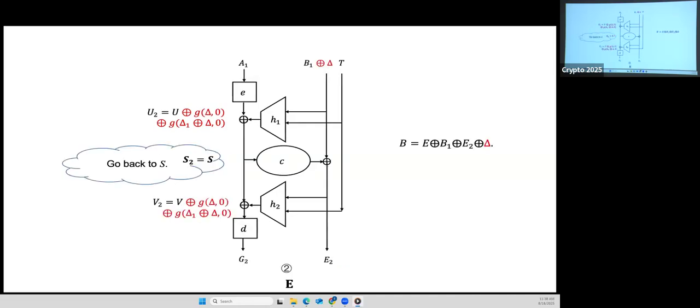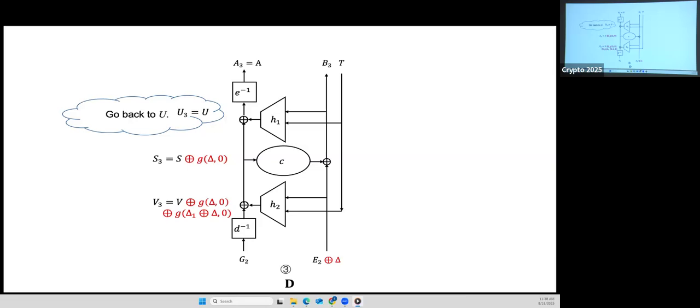In the second query, we observe that S2 maps back to S. So from this, we can recover B. We use the 2nd query to recover B. In the third query, U3 maps back to U. So this allows us to recover A. This is the first full plaintext recovery attack against XCB, but it cannot apply to XCB v1.